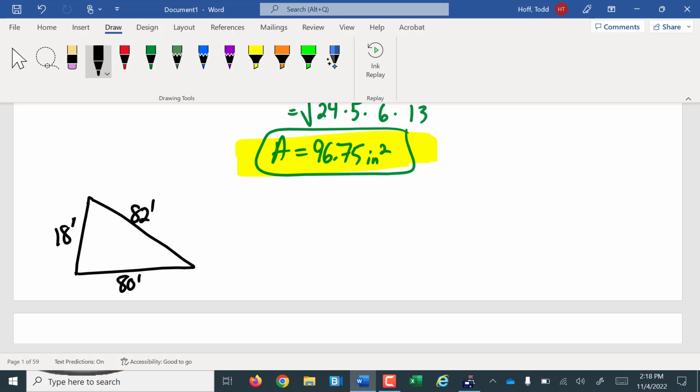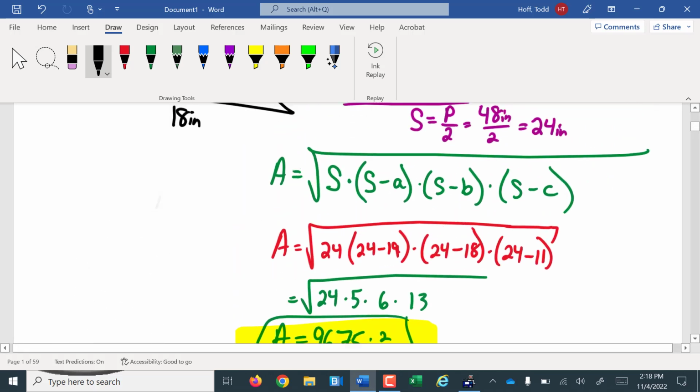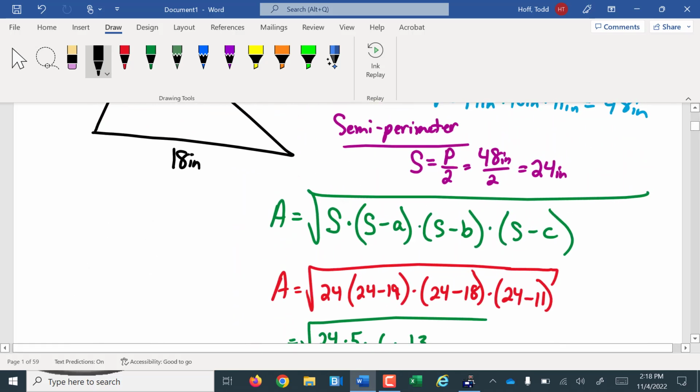Sure. Formula. There like that. Do you own? I do own. I think all the ones that are wrong.